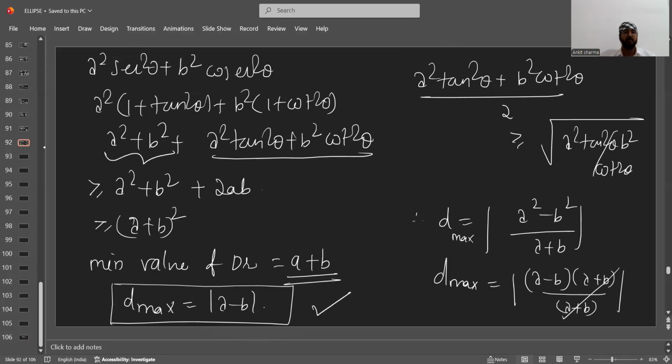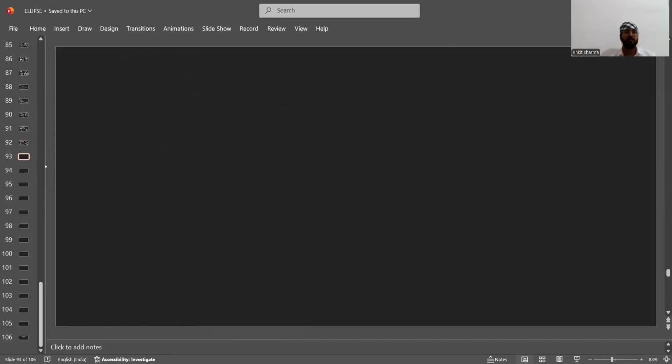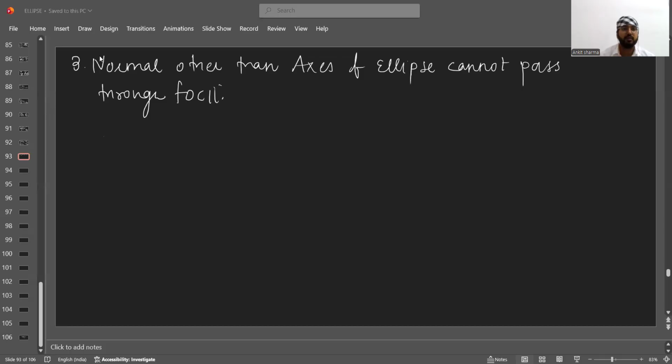And now we can go for the next one. Another very classic property: the normal other than the axis of the ellipse cannot pass through any of its foci. Why have I said the normal other than the axis of the ellipse?